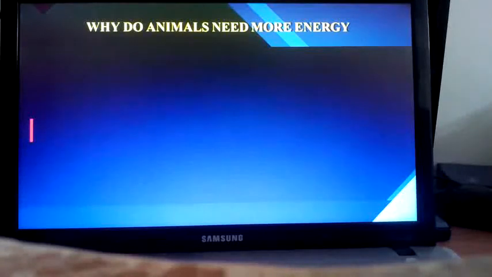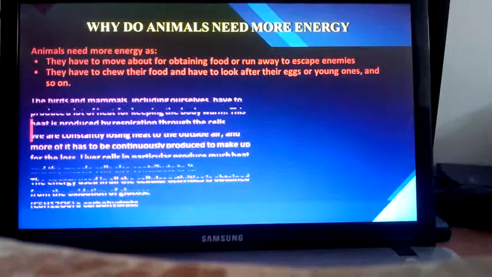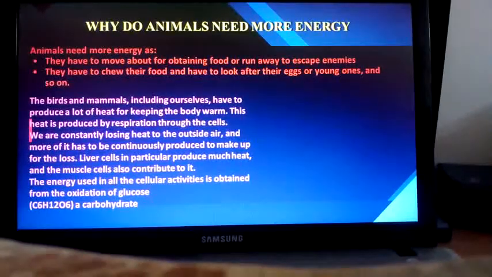The breakdown of glucose into carbon dioxide and water does not occur in a single step. It takes a series of chemical steps. Some of the steps take place in the cytoplasm, some in the mitochondria. Each breakdown step is due to a particular enzyme, that is, an enzyme catalyzed system.